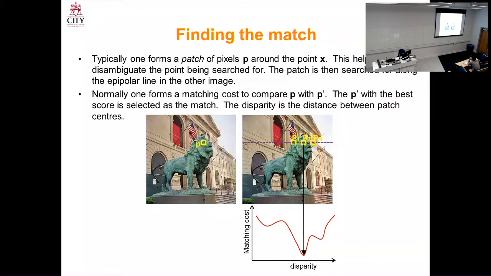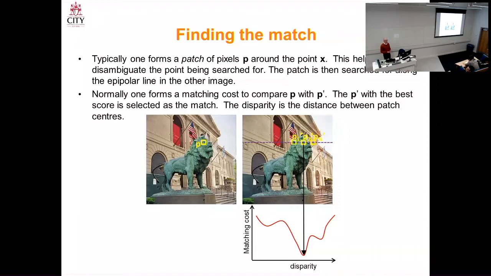So as I move along the epipolar line, I can compute this matching cost, and hopefully at some point it reaches a minimum, and that minimum matches the true location in the other image. So this is how I can find dense correspondences. For every single pixel in the left image, I basically repeat this algorithm, and I can find a matching point in the right image. Does that make sense?